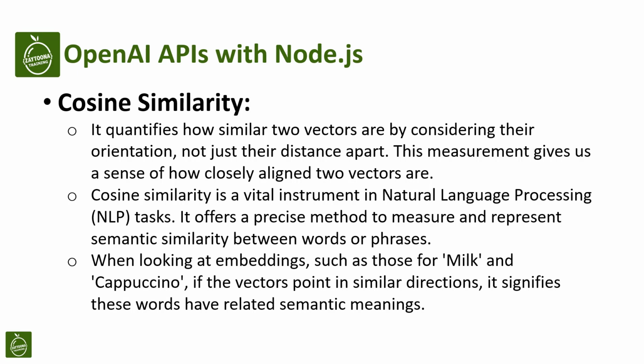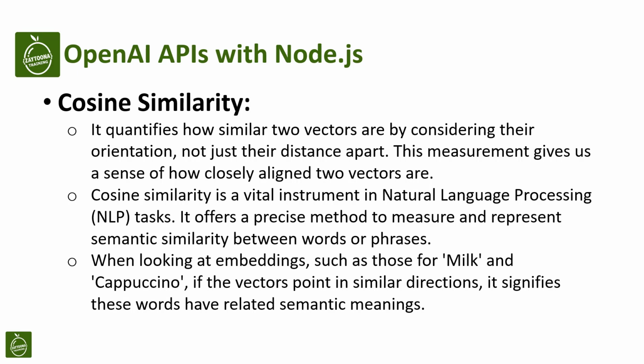Now, cosine similarity plays a critical role in natural language processing tasks. It provides us with a precise tool to measure the semantic similarity between different words or phrases. By comparing the cosine similarity of the embeddings of two words, we can quantify how similar their meanings are. Let's consider a practical example to illustrate this.